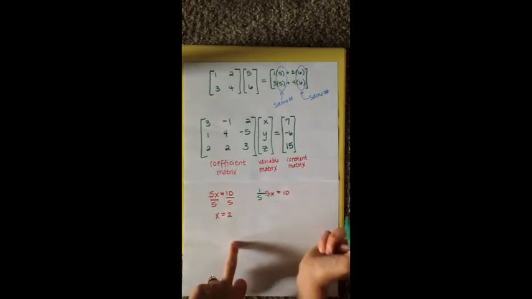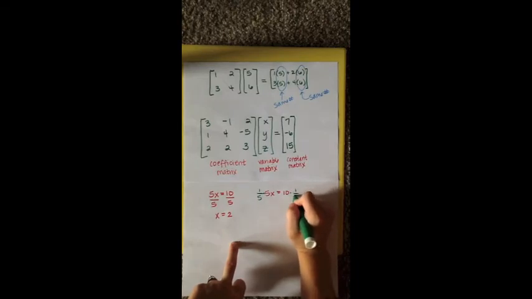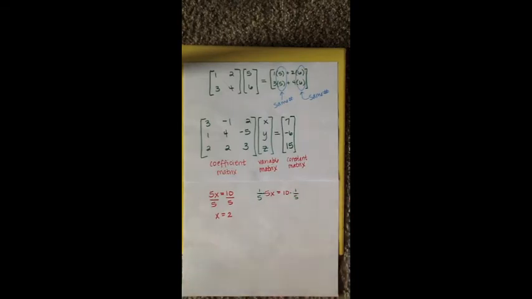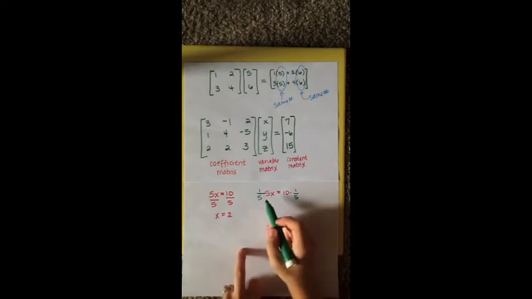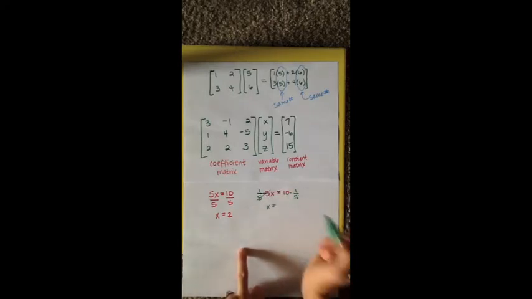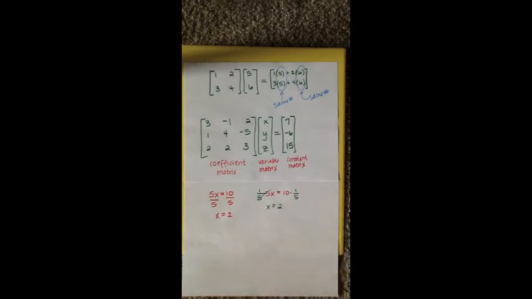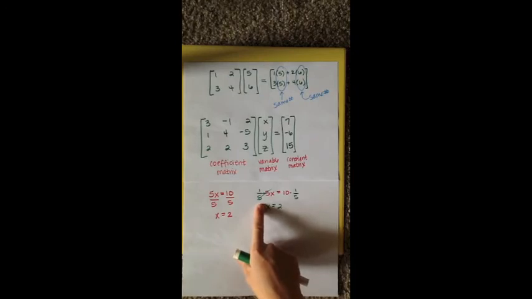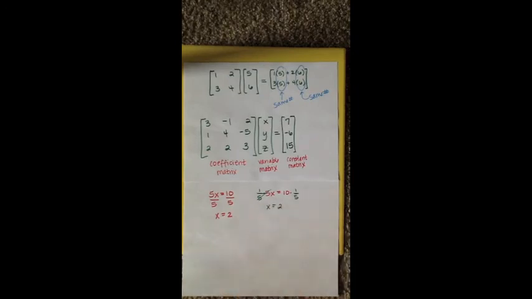So 1/5 times 5 is going to leave me with x. 10 times 1/5 is going to leave me with 2. Same thing, just different operations. So with matrices, we can multiply by the inverse. We already know how to find the inverse, so now we just have to multiply by the inverse.